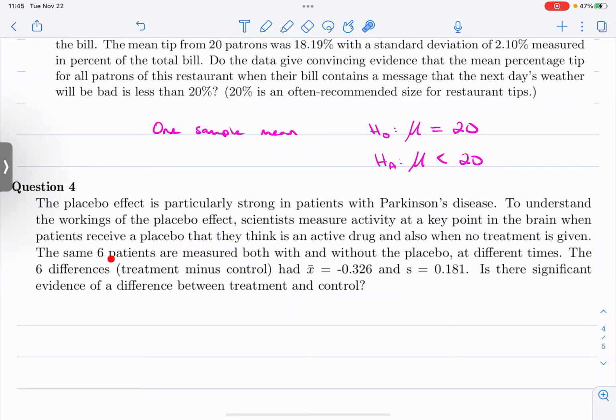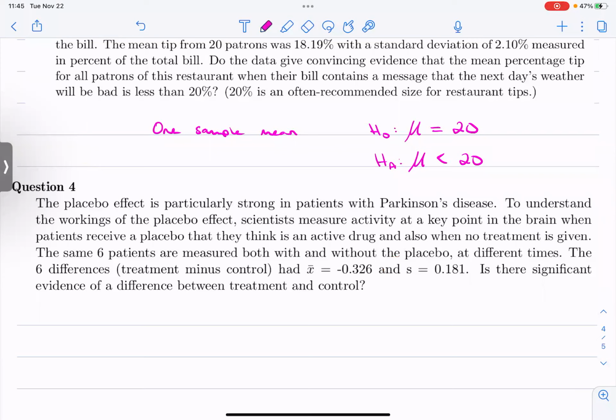The same 6 patients, which immediately makes me start to think paired data. If I'm talking about the same 6 patients doing something, that's an alarm bell that this is going to be paired data. So let's just confirm. They are measured both with and without the placebo, at different times.